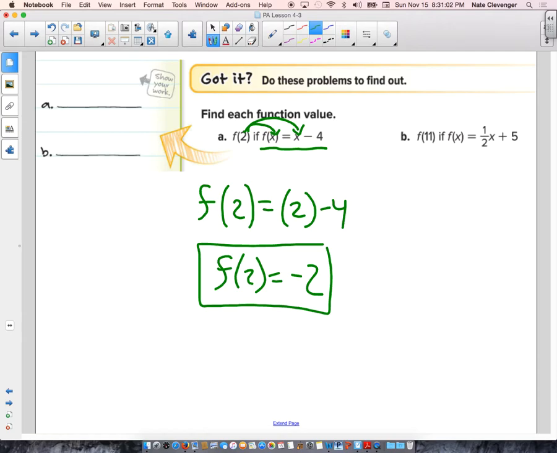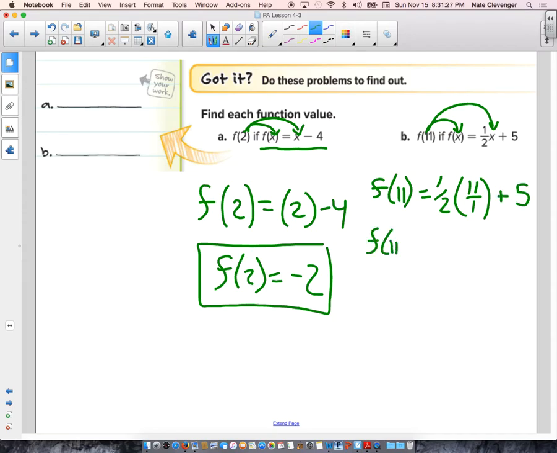So we'll do the same thing on b. You need to plug in the 11 here and here. The only thing different with b is it has a fraction, so we're going to have to do some fraction stuff. So f of 11 is equal to 1/2 times 11. I'm going to go ahead and put 11 as a fraction since it's being multiplied by 1/2, plus 5. So f of 11 is equal to 11 over 2 when we multiply, plus 5.